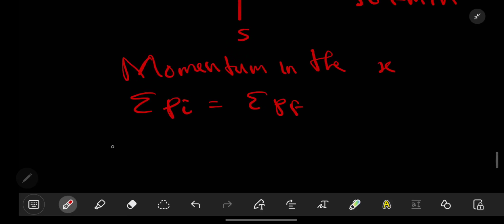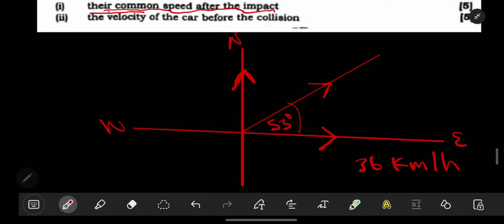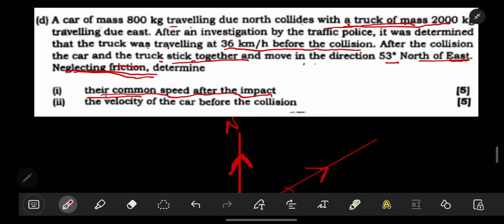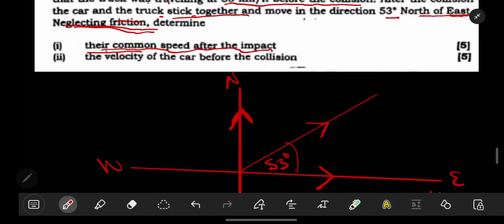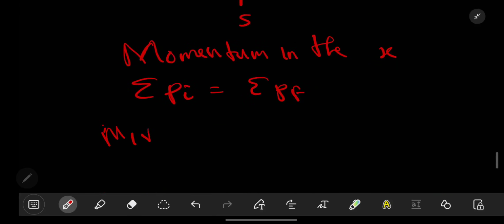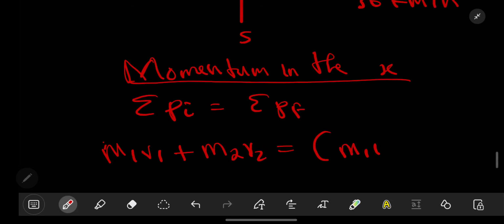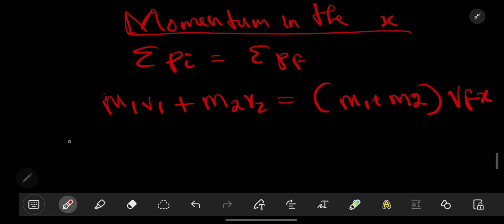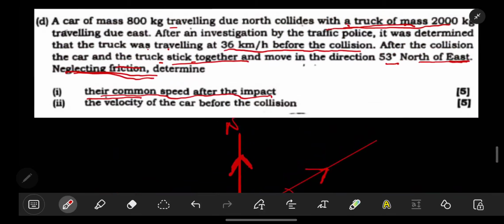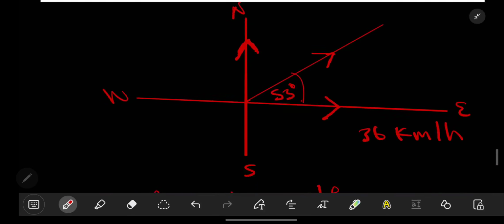Let's call the one going up, which is the car, M1. So we are going to say M1 V1 plus M2 V2, should be equal to, they collided and formed one mass, so it's M1 plus M2 times the VF of X. Let's call M1 the car.